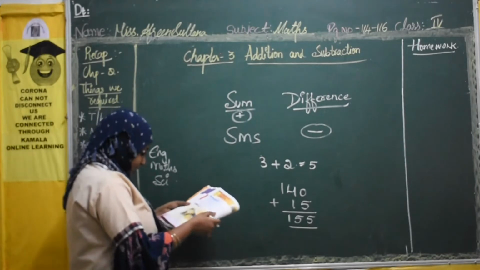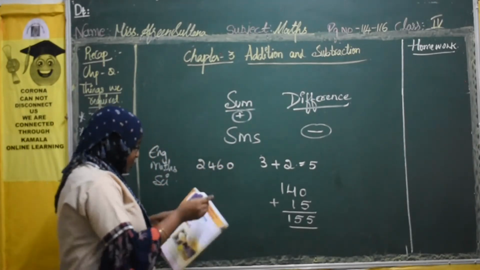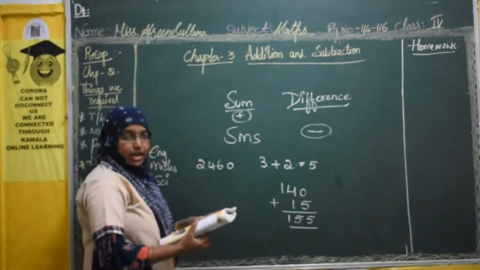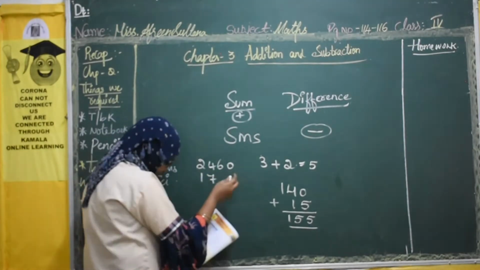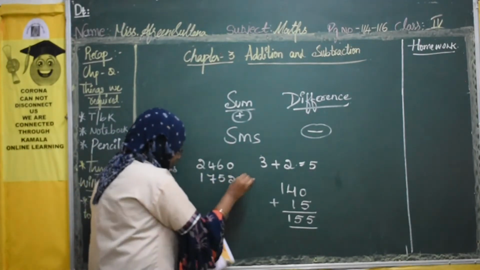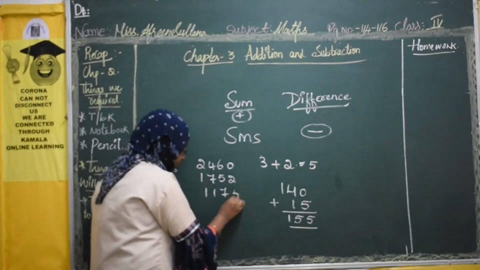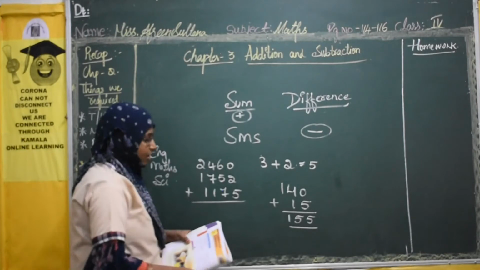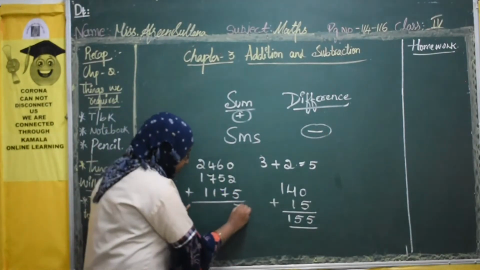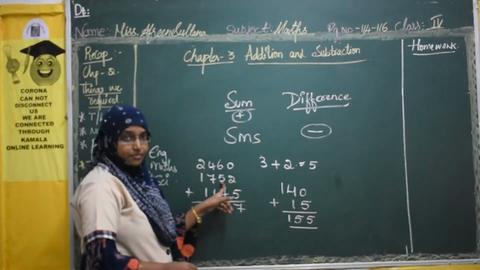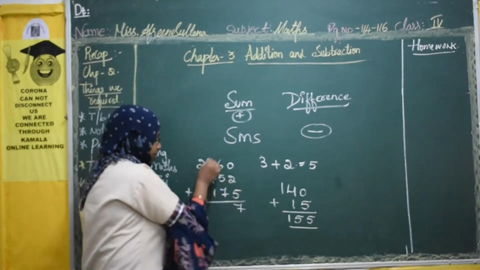So what is the first value? 2,460. Next, see all the values are 4 digits, so we can easily write. Next, 1,752. Next, the third value is 1,175. Now we will add up. Now 5 plus 2, 7. 7 plus 5 is 12. 12 plus 6, 18.